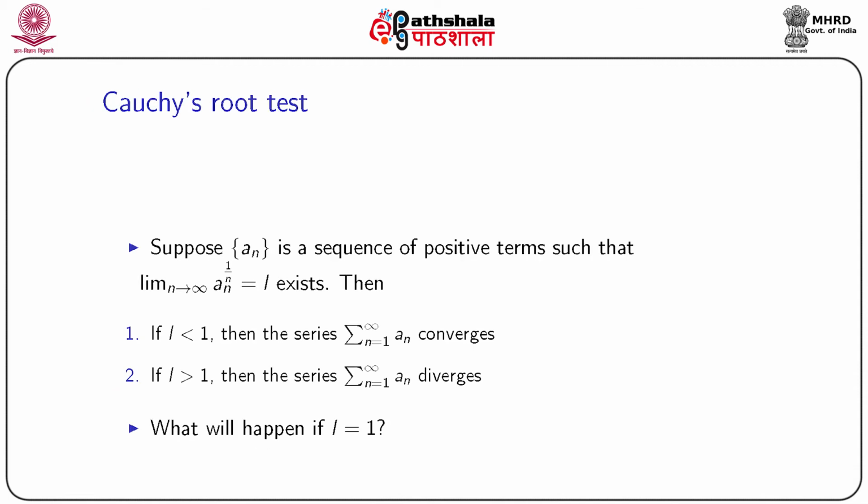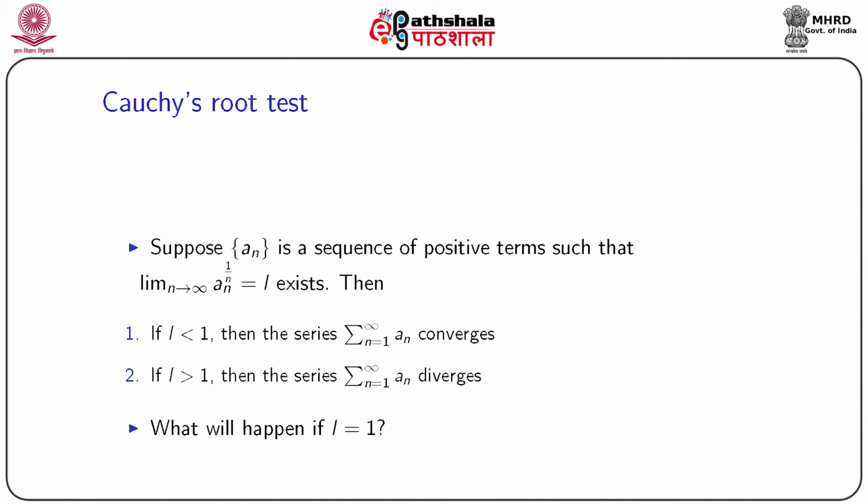The next test we will be talking about is called Cauchy's root test. Suppose a_n is a sequence of positive terms such that the limit as n tends to infinity of a_n to the power 1 over n is equal to L, which exists. Then just like D'Alembert's ratio test, here we also have the same condition: if L is less than 1, the series converges.